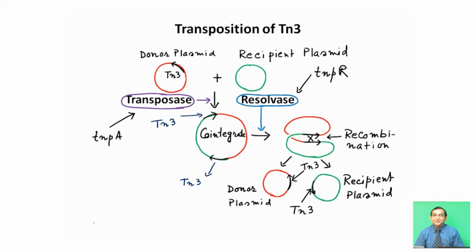Now the transposition of Tn3 elements. There are two types of plasmids: a donor plasmid which carries the Tn3 element, and a recipient plasmid which is devoid of any Tn3 element. The transposase, synthesized by the tnpA gene, makes a co-integrate. A co-integrate is formed with the help of transposase, where replication of the Tn3 element takes place.